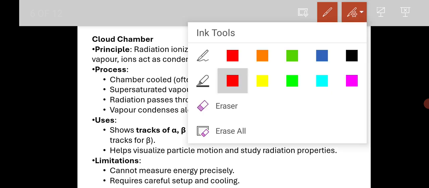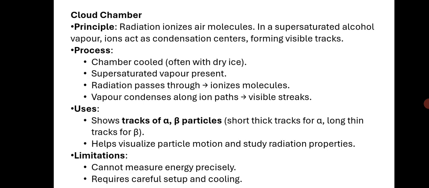So the principle on which the cloud chamber works is that radiation ionizes air molecules. In a supersaturated alcohol vapor, the air ions act as condensation centers, where the vapor turns to liquid, which forms visible tracks.